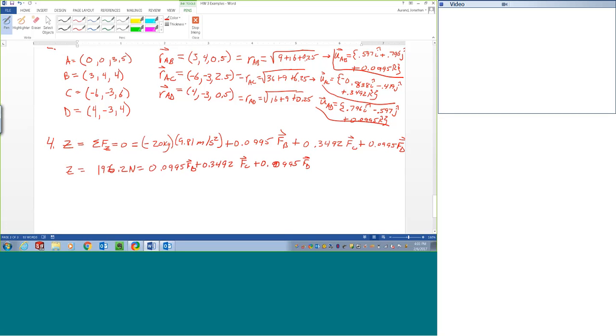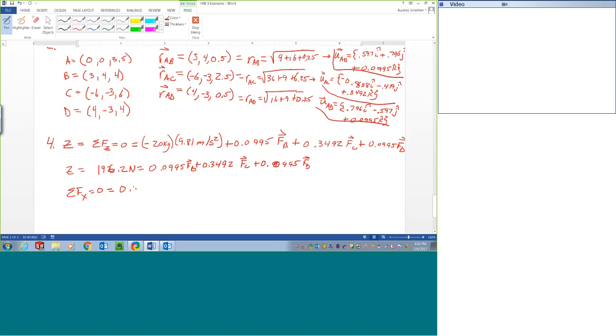Now in the x direction, the sum of the forces in the x direction equals 0. So what we have there, it's going to add up all those components.